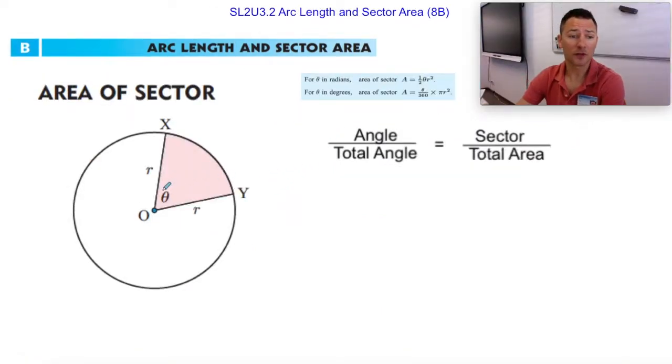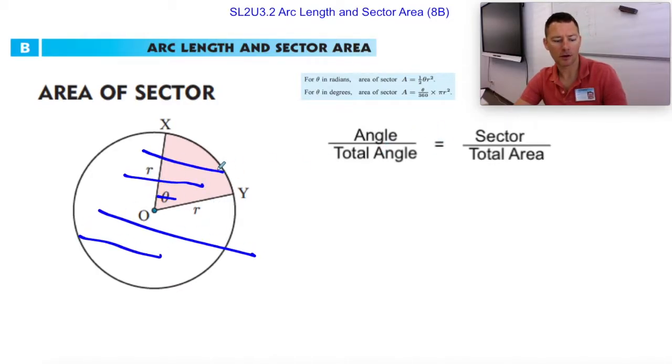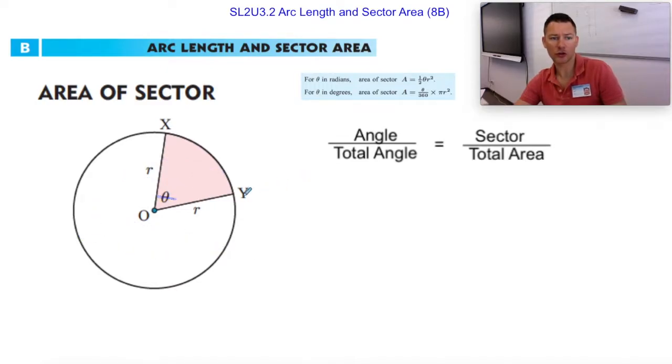All right, so sometimes we also need to calculate the area of the sector, which is like the area of the piece of pizza. So it's the same sort of idea. This area over the total area of the whole circle should be the same ratio as the angle you want over the total angle around. So let's try that.